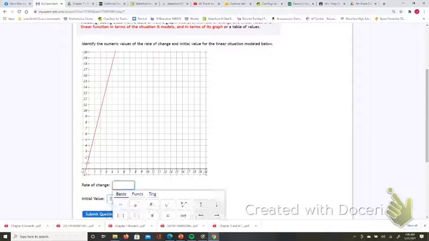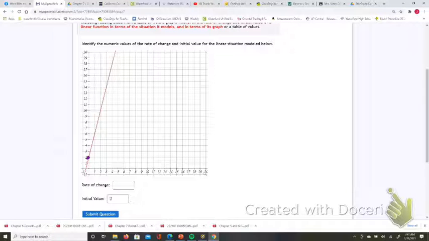Now I need my rate of change. To get my rate of change, I'm going to make my slope triangle. So I have a perfect point here, and I have another perfect point here. Now, when you look at the axis this time, notice we're going by ones. So I just count.